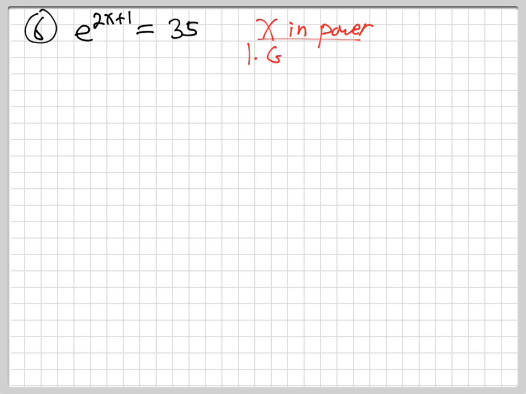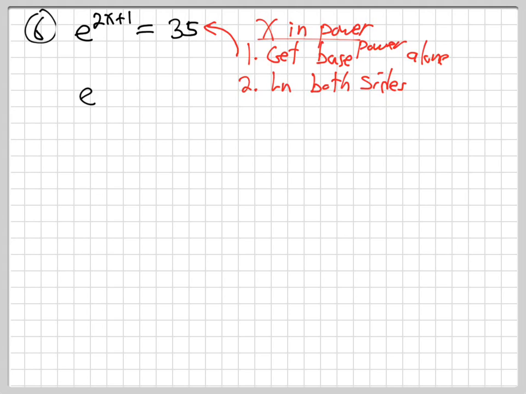Step 1, get the base to the power alone. It already is alone, right? There's not a number in the front like a 3 or anything. If so, we'd have to get rid of it. Step 2, ln both sides. Natural log both sides, as you know, because logs are the opposites of powers.